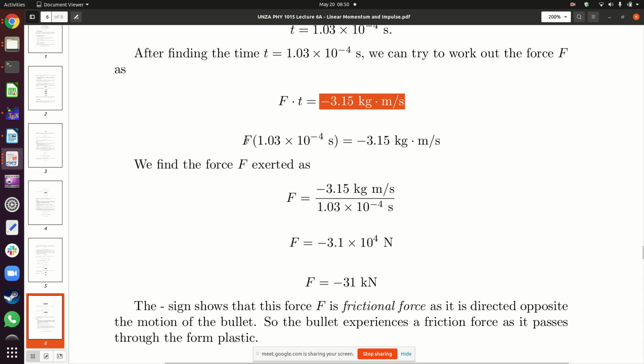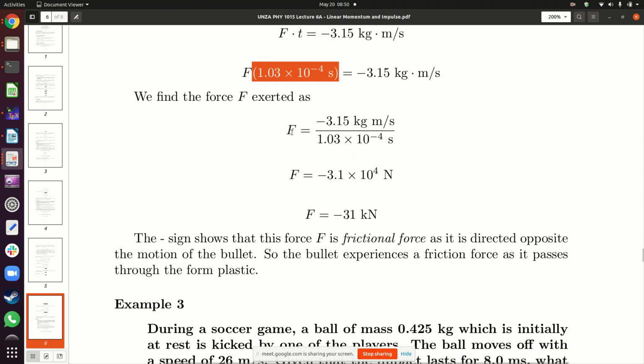So that's going to be the force multiplied by this amount of time which it takes the bullet to pass through the plastic, equals this. With that you divide both sides by this amount of time, so you end up having force F being equal to minus 3.15 kg meters per second divided by 1.03 times 10 to the minus 4 seconds.